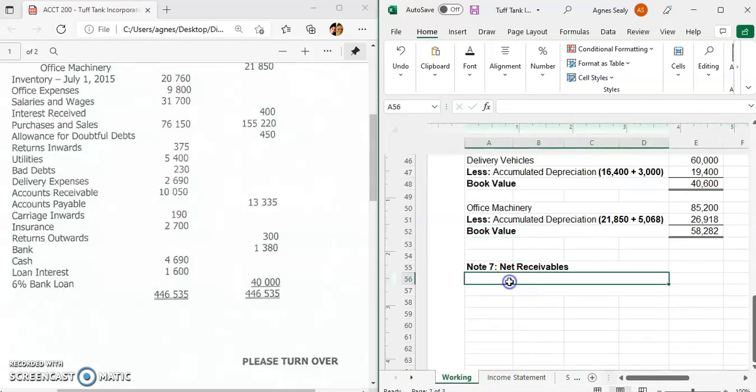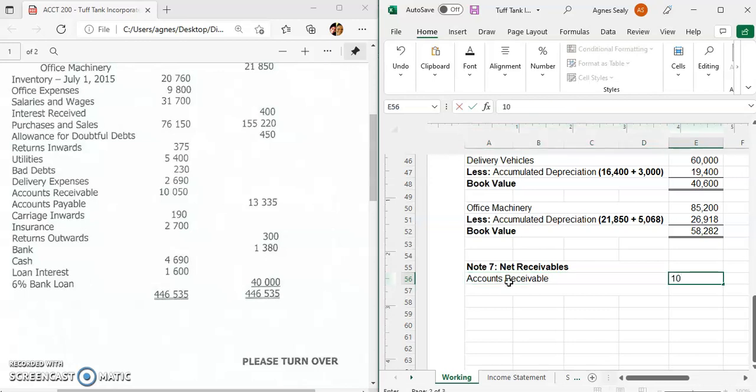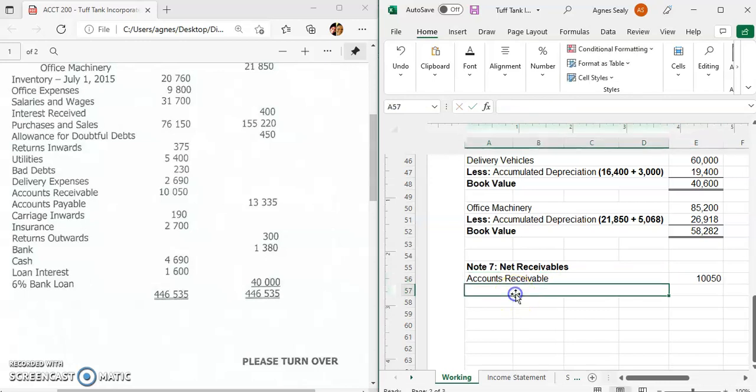So that would be note 7, net receivables will be our accounts receivable of $10,050. And then from that, we are going to subtract our allowance for doubtful debts that we would have calculated.